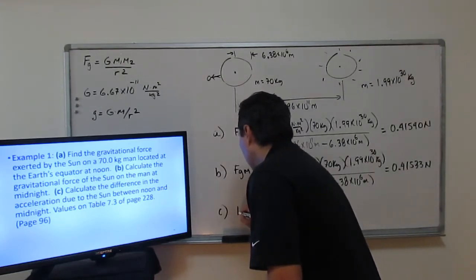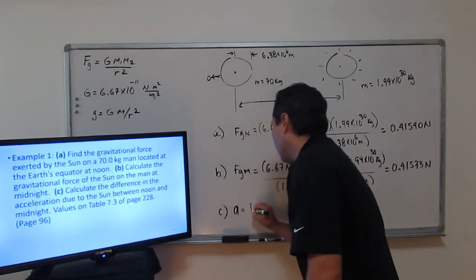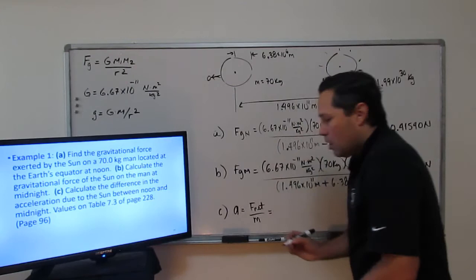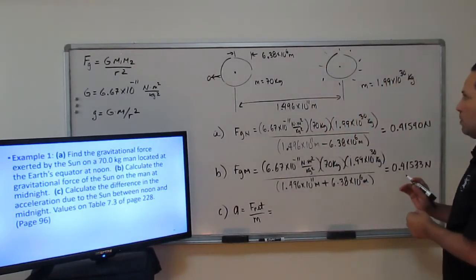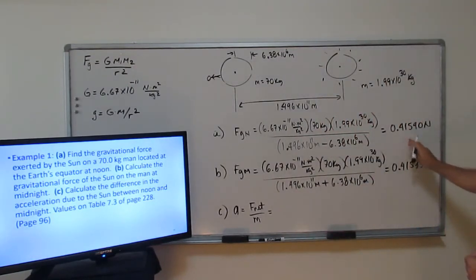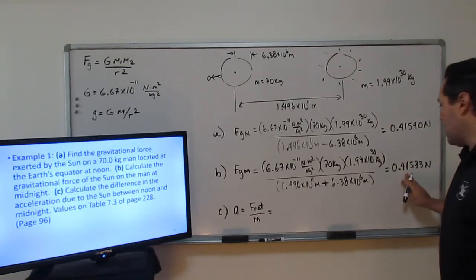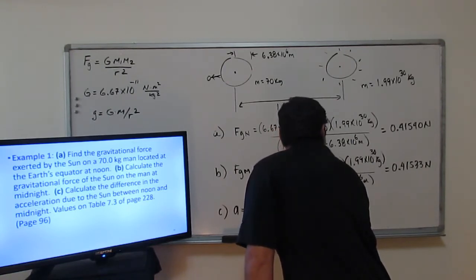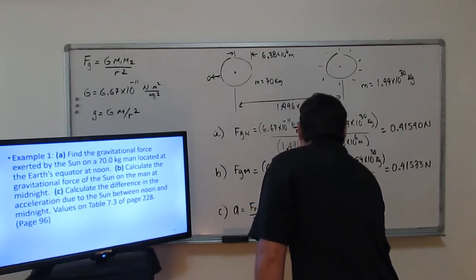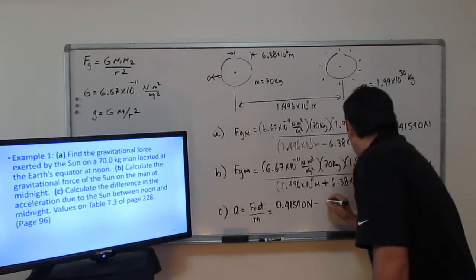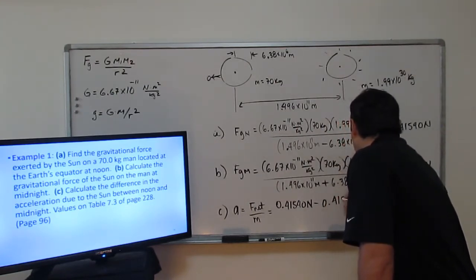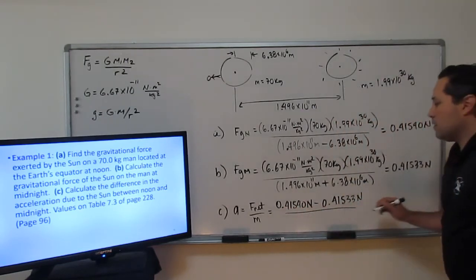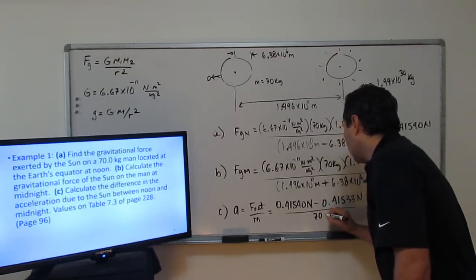Alright, so for part C, it's going to be as follows. We want to go ahead and know the acceleration. So that's going to be force net over the mass. Okay, so the force net is going to be the force at noon, subtracted from the force at midnight. So we're going to have 0.41540 newtons at noon minus 0.41533 newtons at midnight, divided by the mass of the man, 70 kilograms.